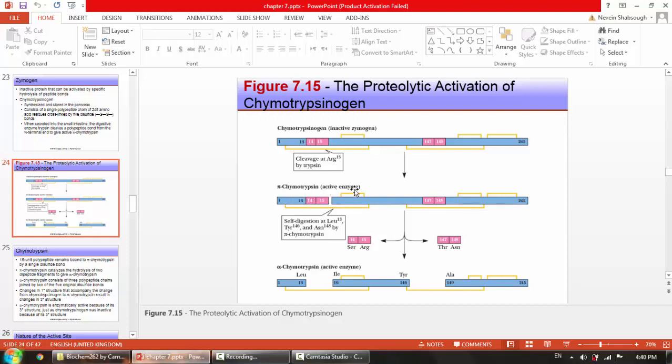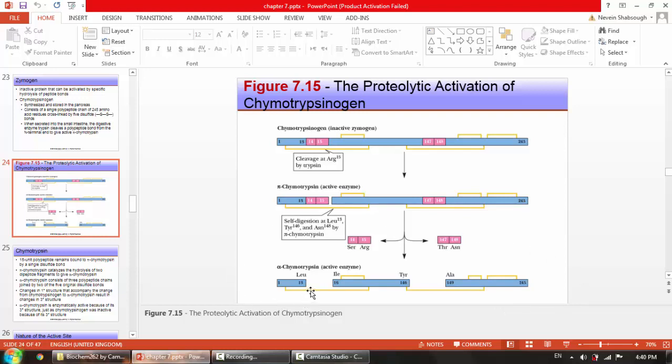Although it is an active enzyme, it is not the final active form, which again undergoes self-digestion at the following positions: leucine 13 here, tyrosine 146, and asparagine 148, by pi-chymotrypsin to release these 2 dipeptides and generate the so-called alpha-chymotrypsin.